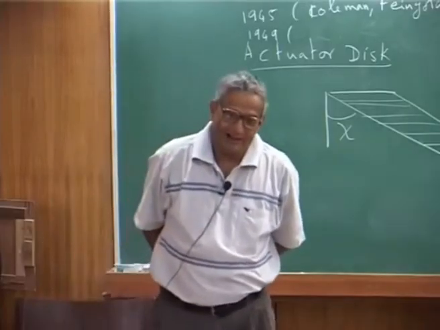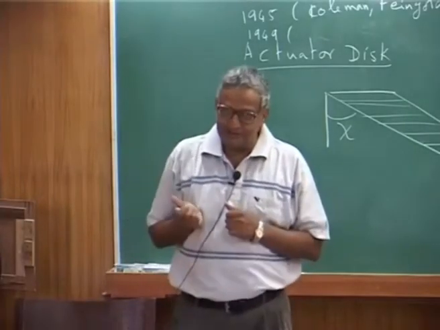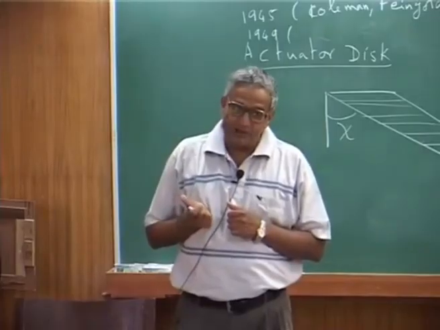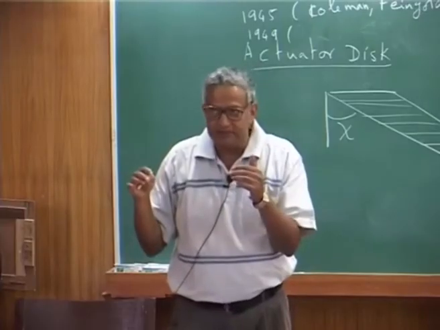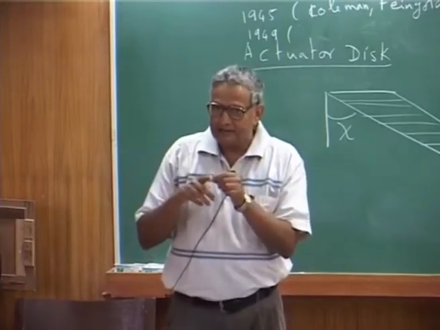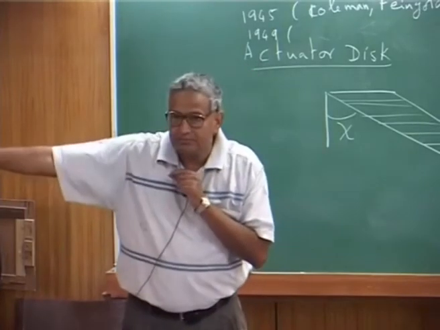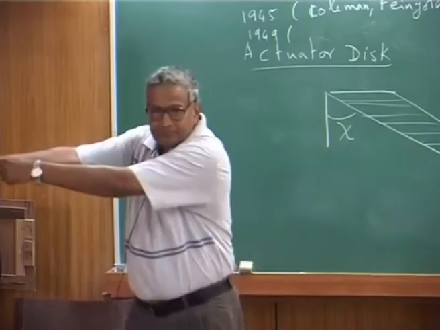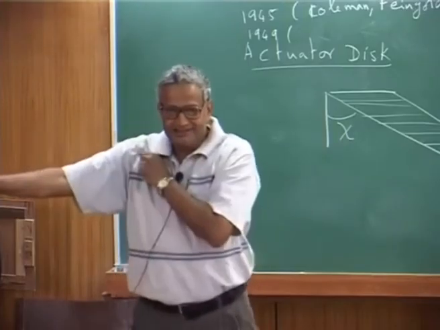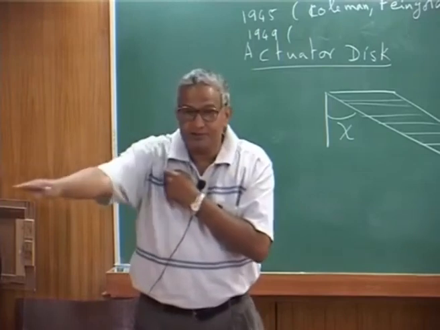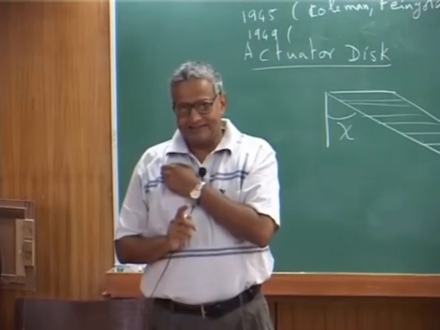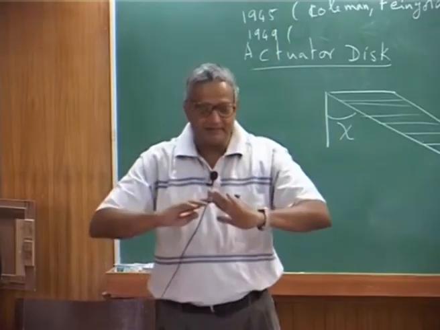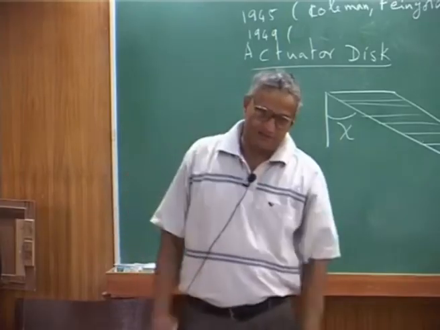So, he had a trailing as well as shed vortex. That means his circulation is constant along the blade span, but it varies with azimuth location. That means you will have a trailing as well as shed vortex.